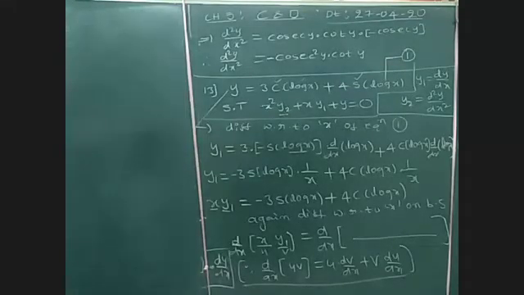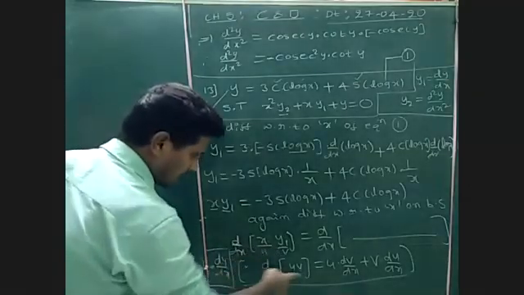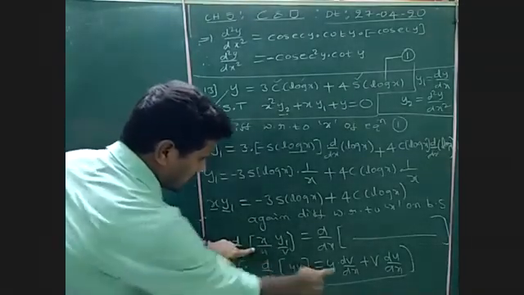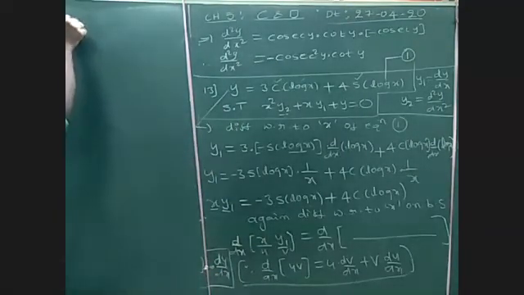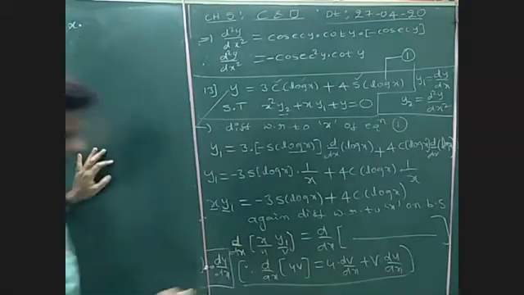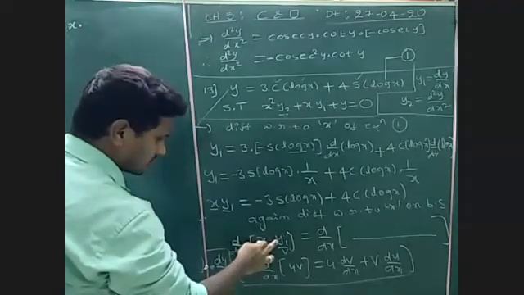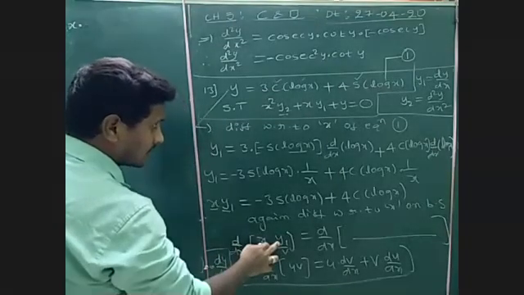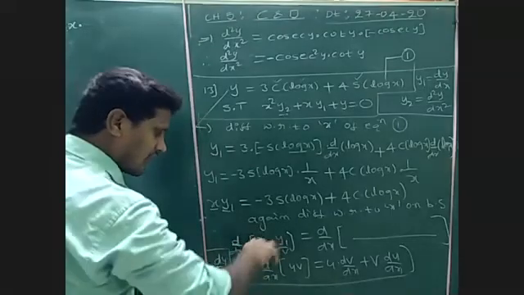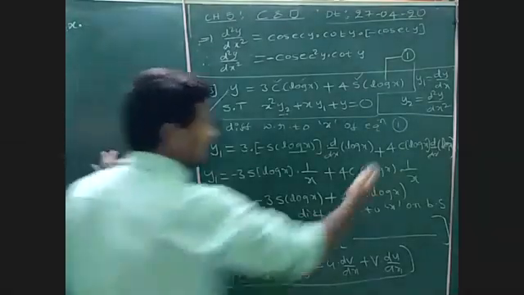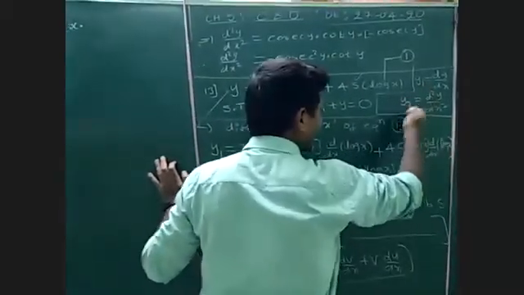Let's see here, left side apply product rule. First u into dv by dx. Look at it, u is x. What is the derivative of y1 with respect to x? I said y1 is first derivative. Again differentiate this y1, we will get y2.